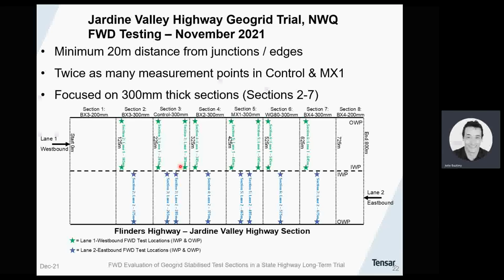And to enhance resolution of results in the Section 3 control and Section 5 MX1, there's twice as many measurement points, as you can see here and here. The focus was specifically on the 300 millimetre thick sections, which are sections 2 to 7, and sections 1 and 8 were left out as it was a lot easier just to compare sections of the same thickness.